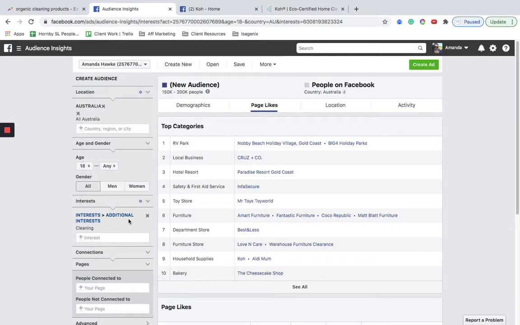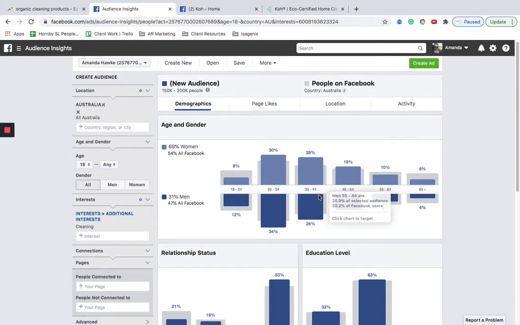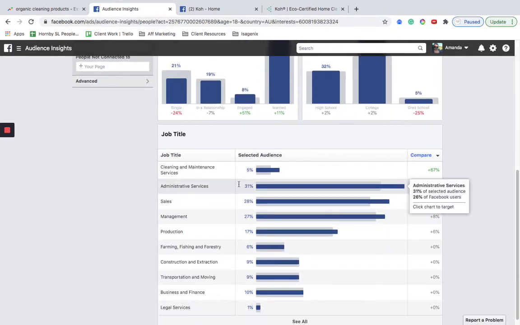So if we have a look under the demographics, we start building up a picture that most people with an interest in cleaning are between 25 and we could say 54 or 44 if we want to narrow it down. They've generally got a reasonable level of education. They're in administrative services, sales, management. You know, there's a good population here.